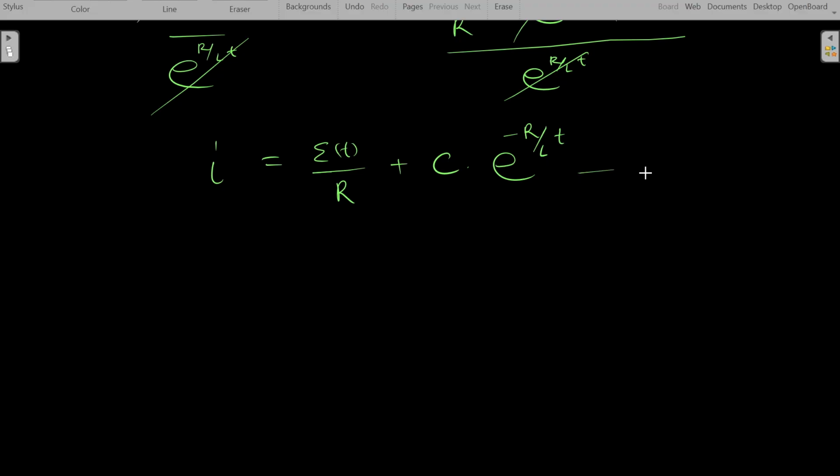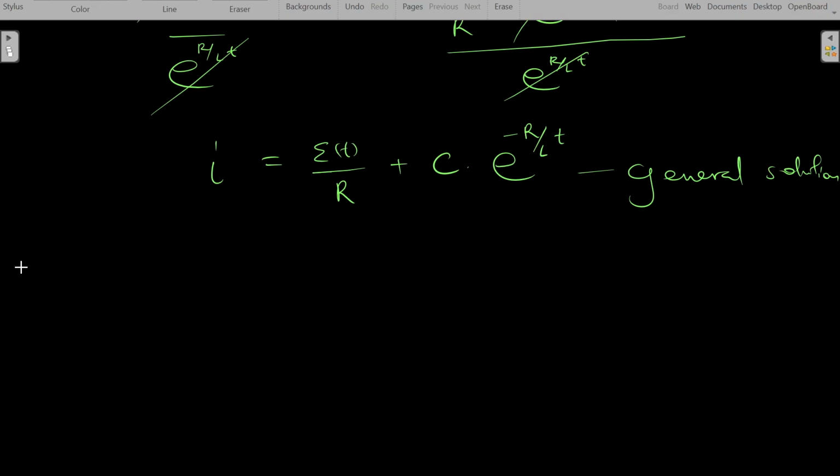So we already solved this differential equation, since this is our general solution. From this general solution, we usually have our initial condition. The reason being, before the circuit was closed, no current was flowing through the circuit.